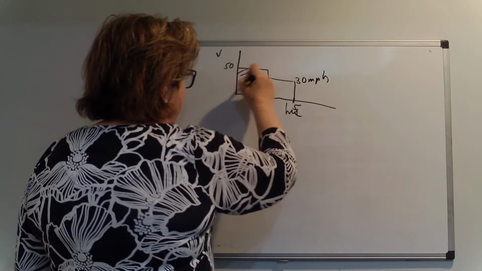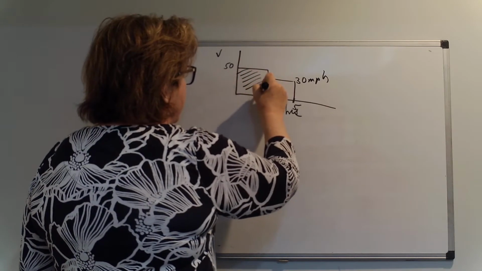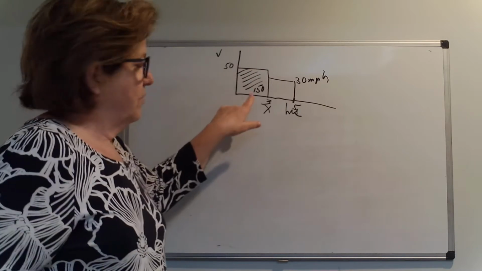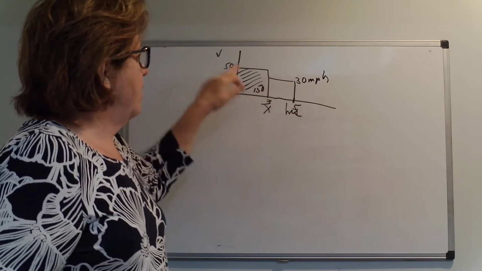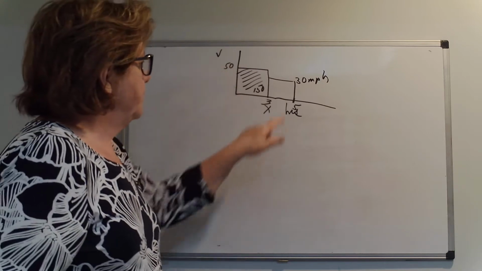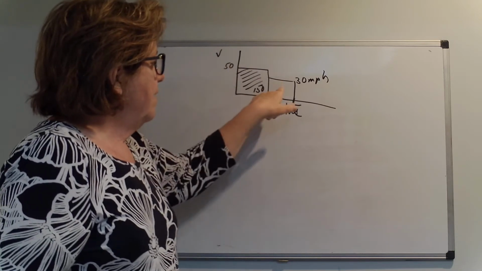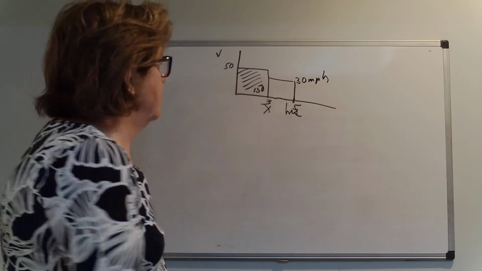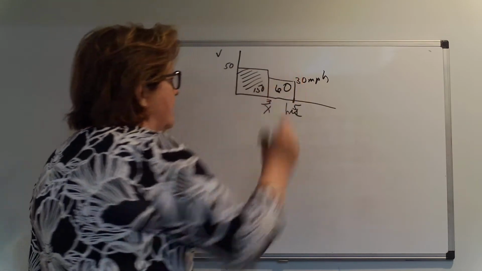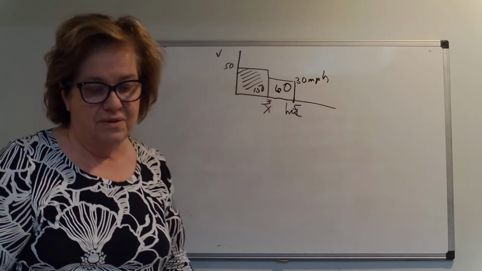So the distance traveled in the first 3 hours was 150 miles, because it's 3 hours, 50 miles per hour. For the next 2 hours, we went 30 miles per hour. So the total distance traveled, the area under the curve, was 2 times 30, which is 60.